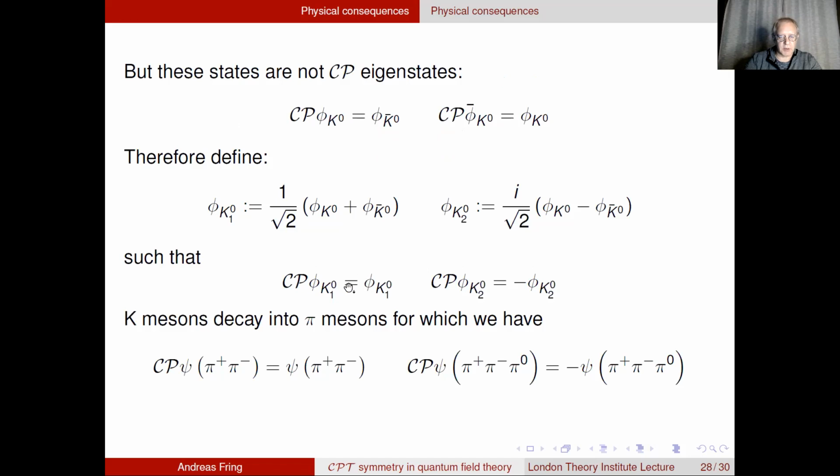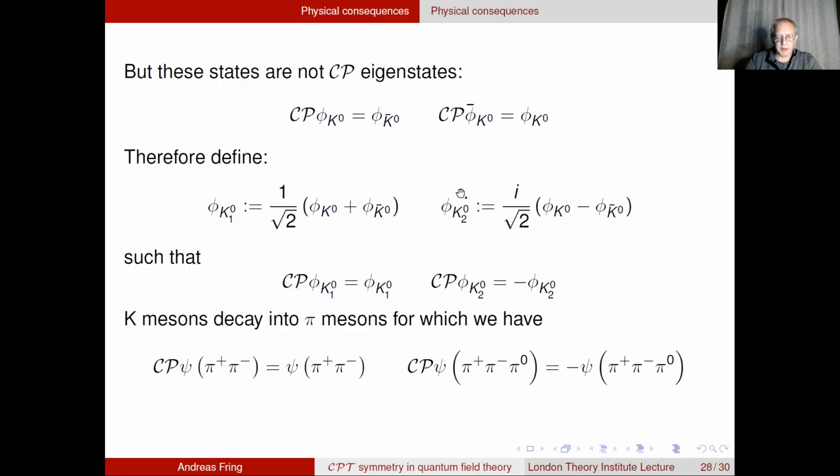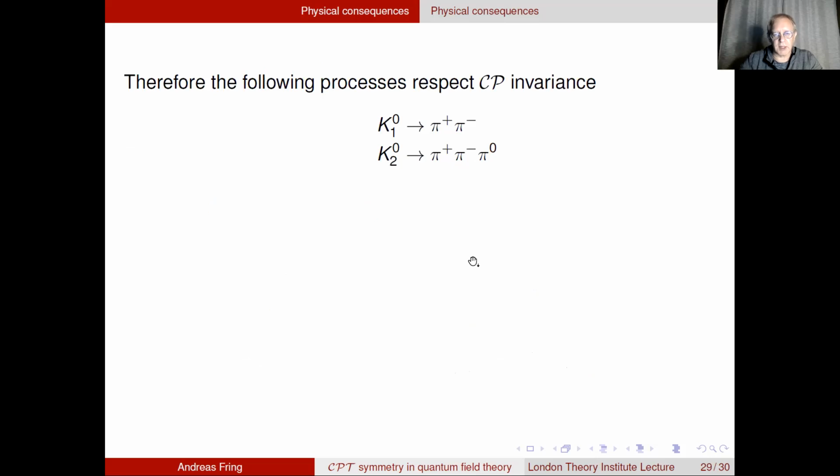You see here, there was a plus here and a plus here. They have the same CP symmetry. And a K20 decaying into pi plus, pi minus, pi 0 would also respect CP symmetry, because in both cases we pick up a minus sign. These two minus signs are picked up on the left and on the right hand side, before and after the decay.